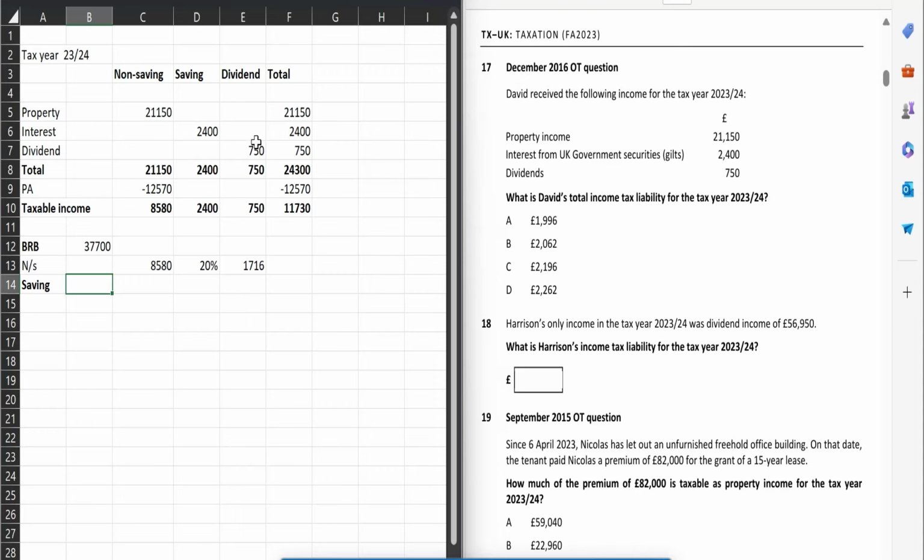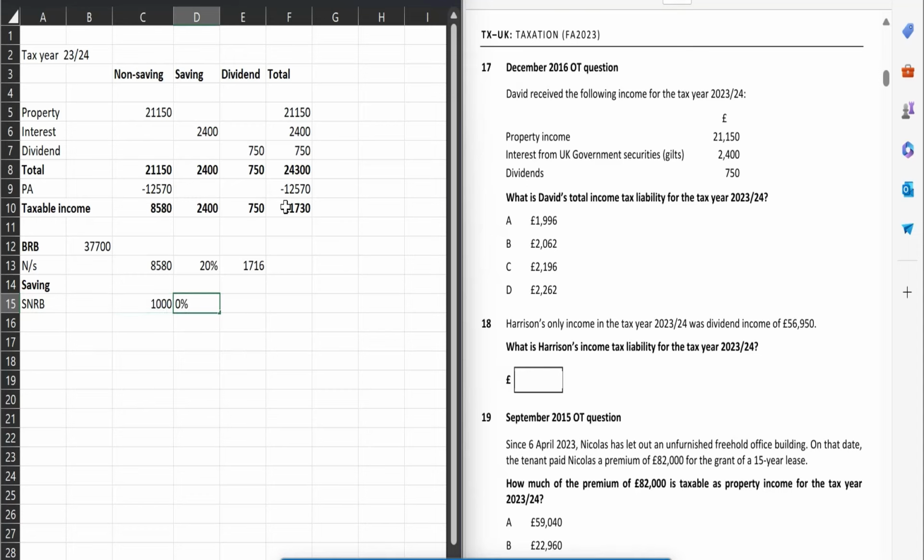Then saving income. In saving income, first we will think about the band. So we will see the taxable total income. The individual is a basic rate taxpayer, right? So in that case, David will be entitled to the 1000 nil rate band, the saving nil rate band of 1000.